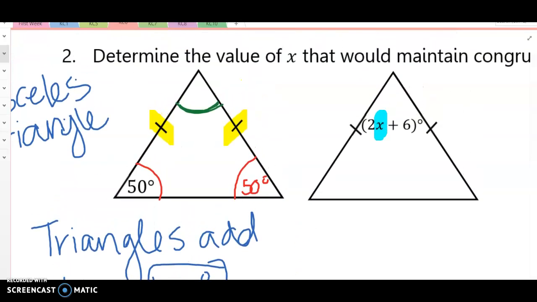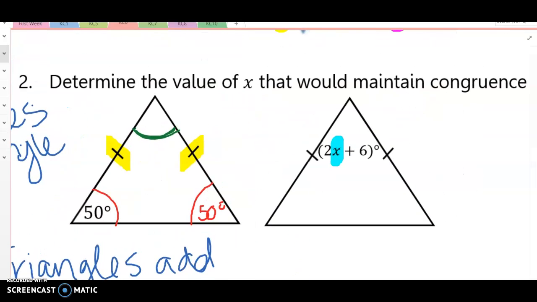So in order to figure out this missing angle right here, we're going to take the whole 180 degrees that we know the whole triangle is and take off the two angles that we do know to find our missing one. So 180 minus 50 minus 50. If you type it into your calculator, you get 80 degrees. So that means this angle up at the top is 80 degrees.